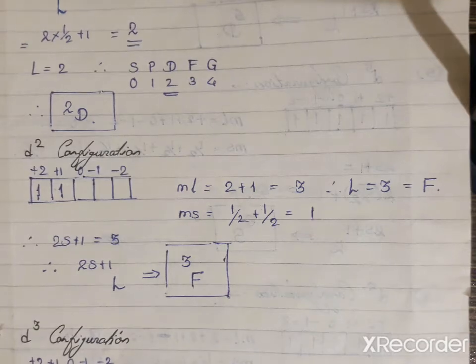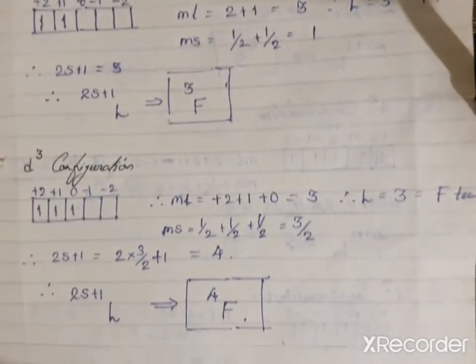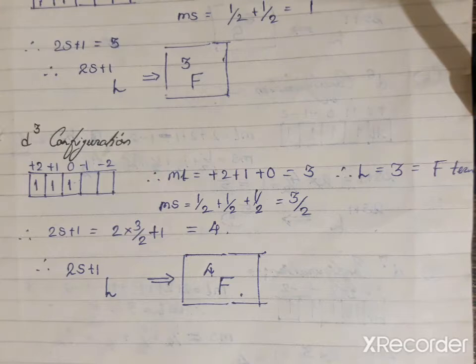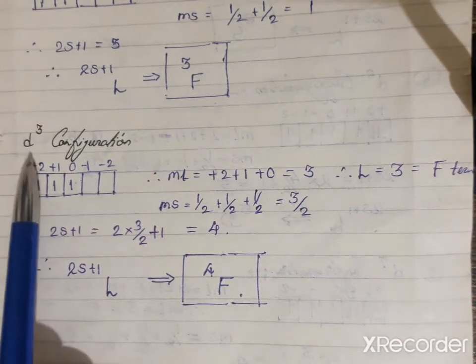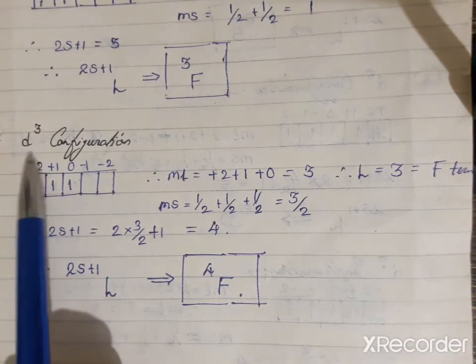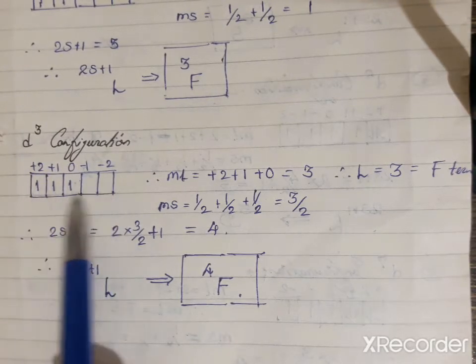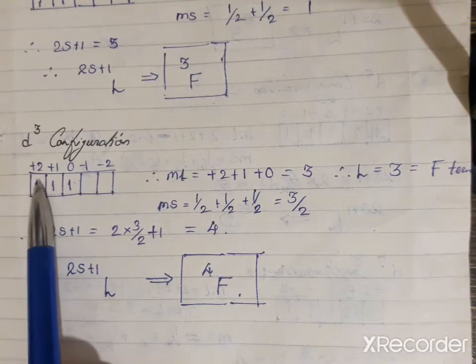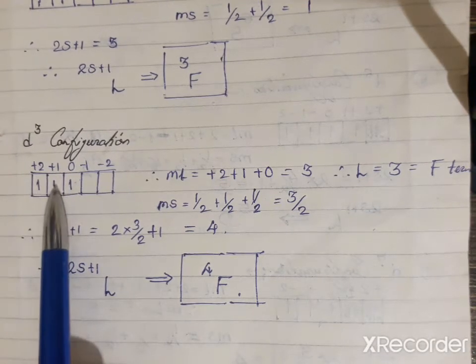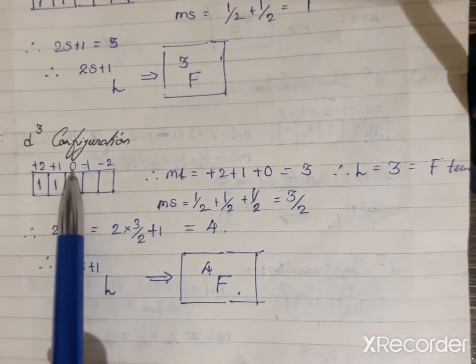Okay. Now the next configuration is the d3 configuration. In this d3 configuration, there are 3 electrons present in the d orbital. So put those 3 electrons in these orbitals: the plus 2 shell contains 1, the second one is in plus 1, and the third one is in the 0 shell.